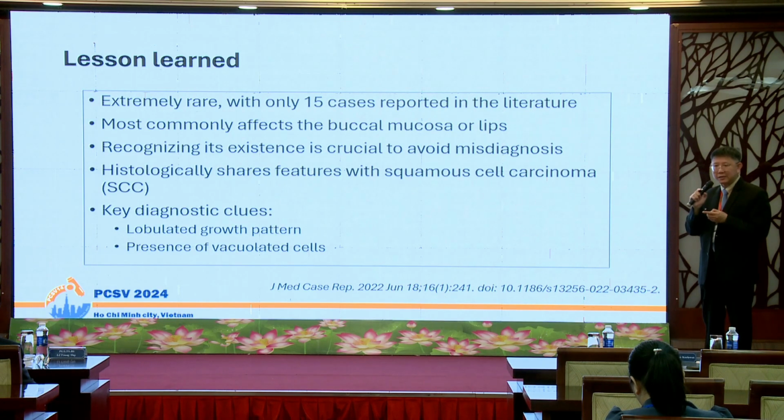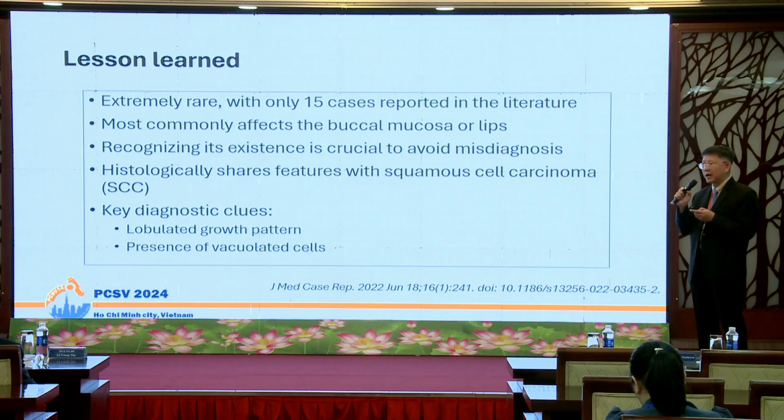Actually, the morphology for this case is not difficult, but because of the unusual site, at first I was not confident that this is sebaceous carcinoma because I had never seen any case of sebaceous carcinoma in the oral cavity.